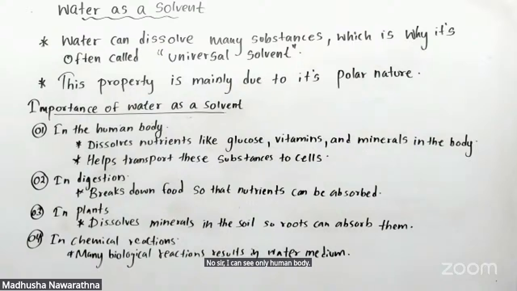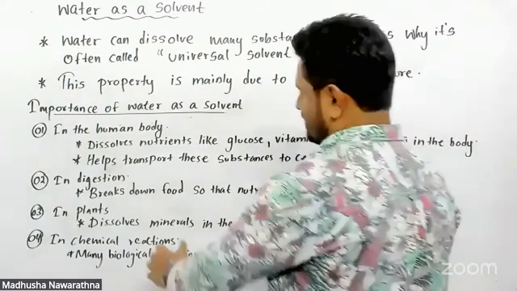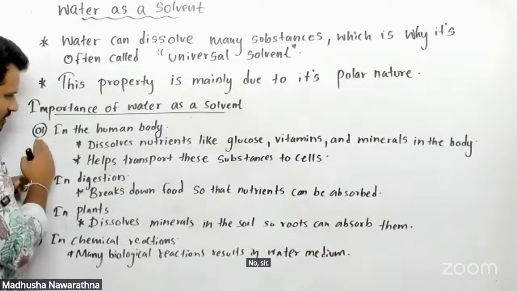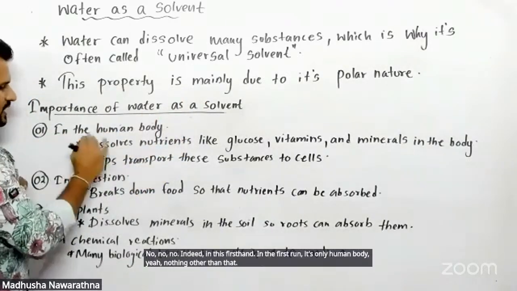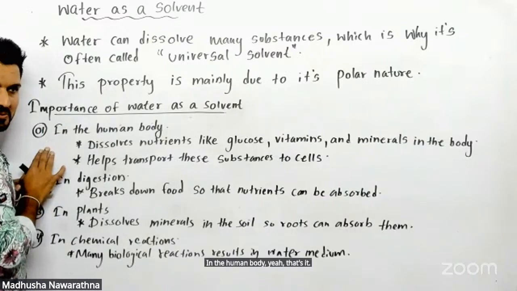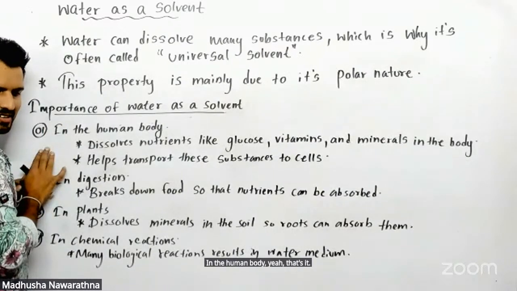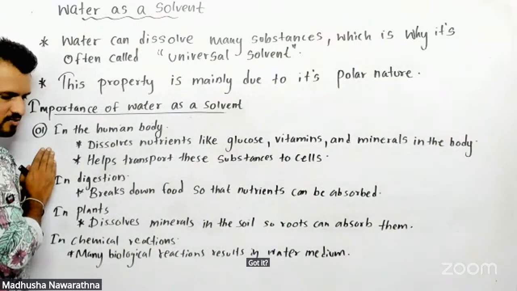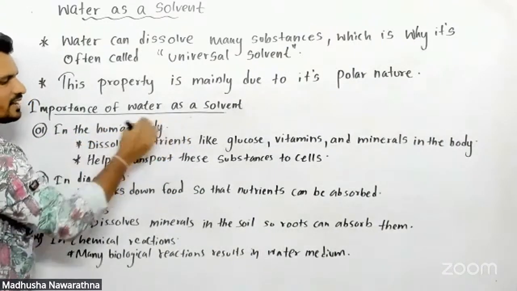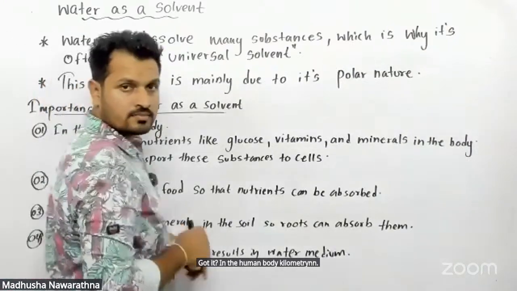What about the others? No, sir. In the first one, it's only human body. Nothing other than that. In the human body, that's it. Got it? There's nothing else here, it only says in the human body.